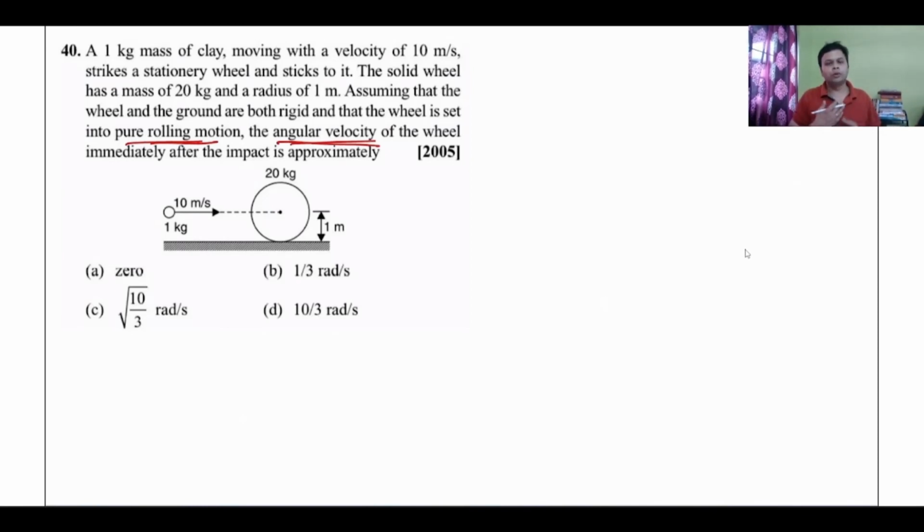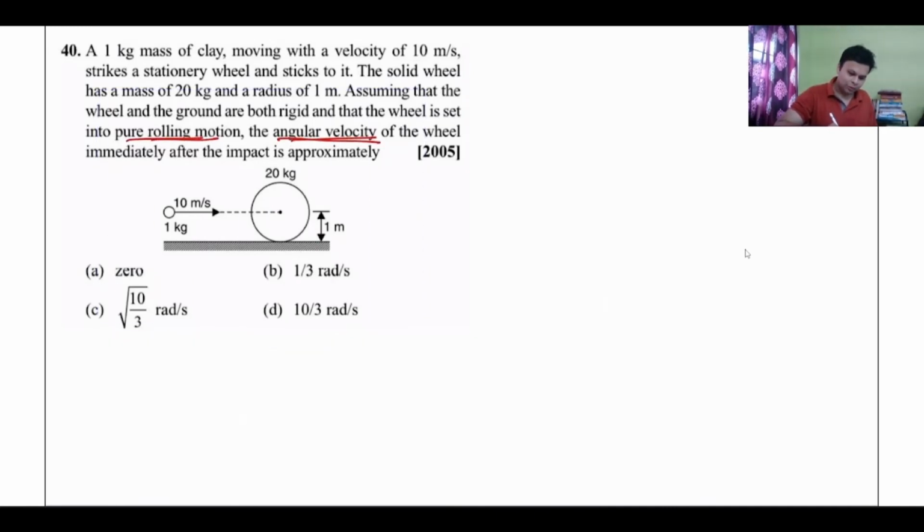So angular velocity, rolling, what does it mean? It means angular momentum. So basically you have to conserve the angular momentum. What does the principle of conservation of angular momentum say? If the net torque acting on a system of mass is 0, then the angular momentum of the system remains conserved.